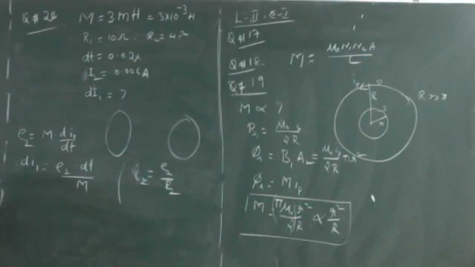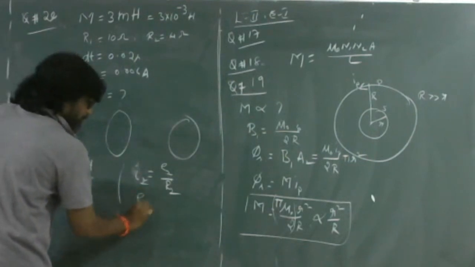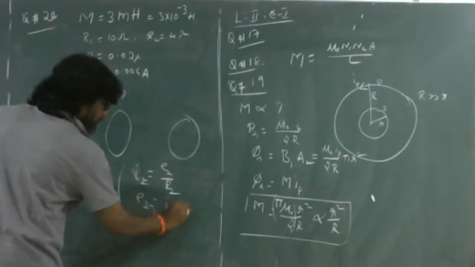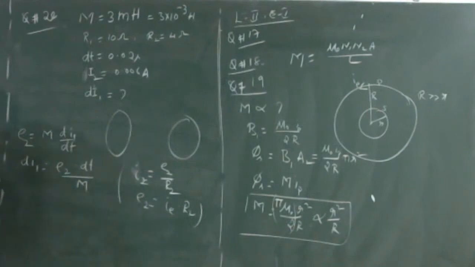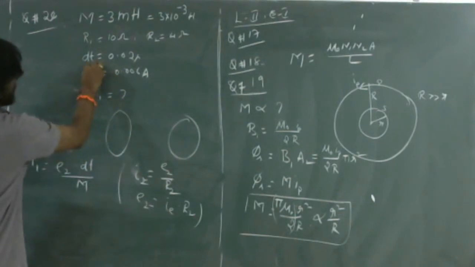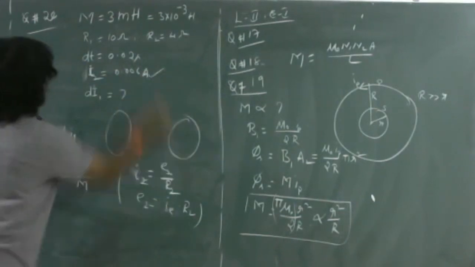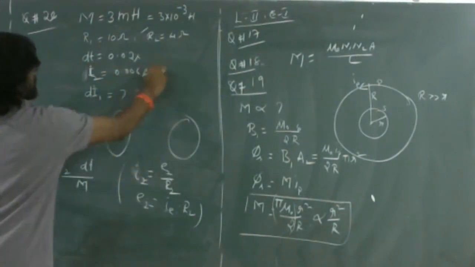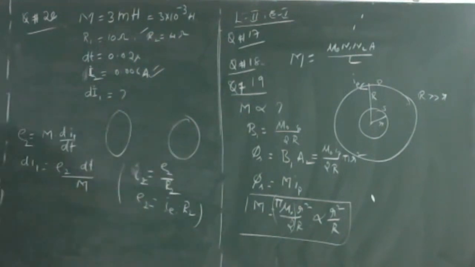From this, can you write E2 is equal to I2 into R2? I2 is given, R2 is given. So both are given. By using this, can you find E2, and hence find this? Let's do it.